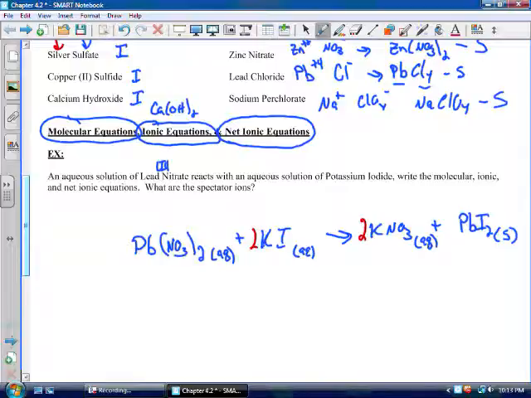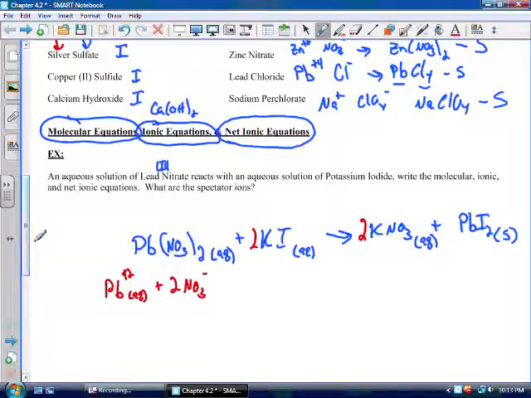The next thing we do to get an ionic equation is we take anything that is aqueous and we break it apart into its component ions. So, for example, lead nitrate is going to break apart in solution into Pb plus 2 ions that are aqueous and 2 nitrate ions that are aqueous.